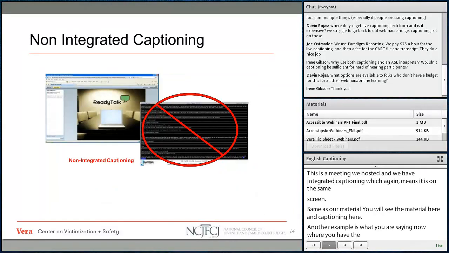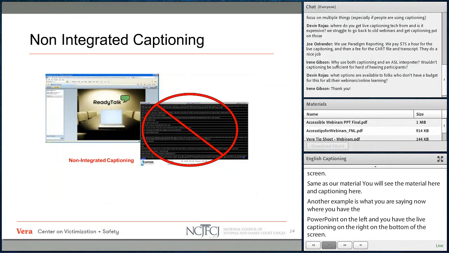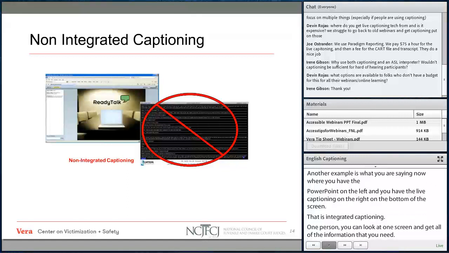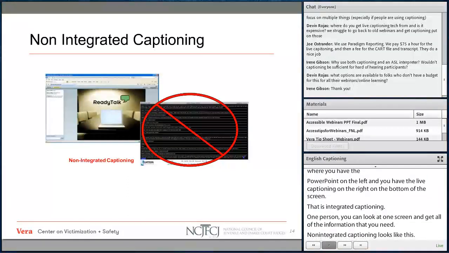Non-integrated captioning looks like this, where you have the actual conference content, and then you have captioning in another window. While this typically would meet the requirements of the law, it's not very accessible to actual people.